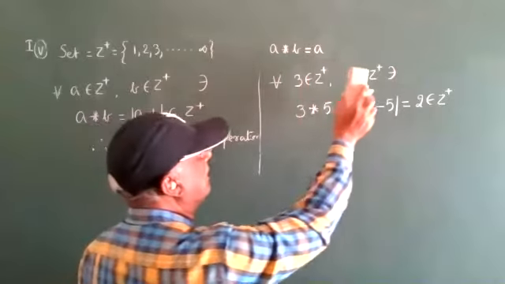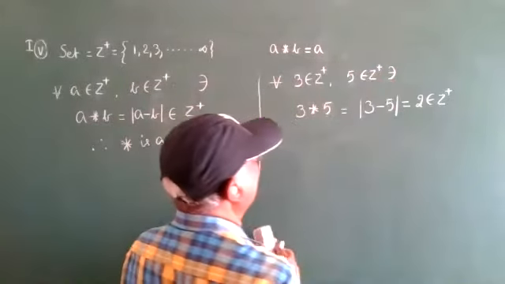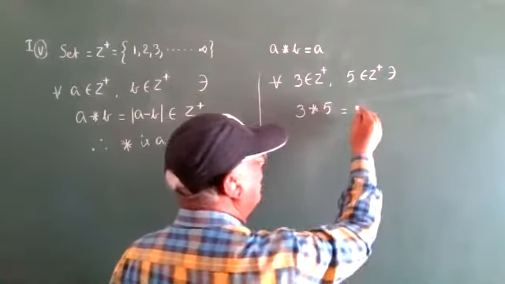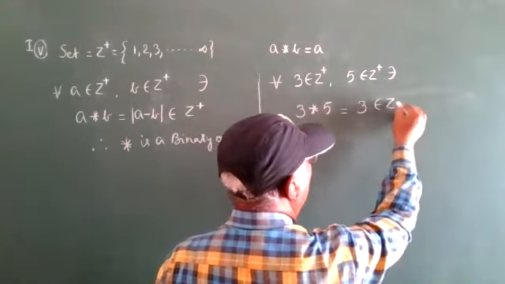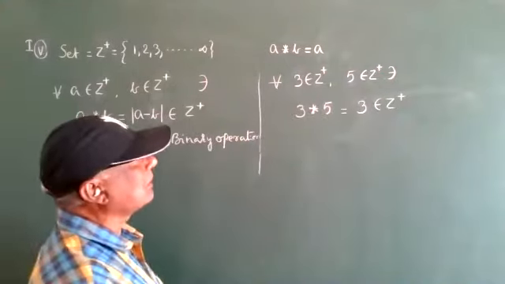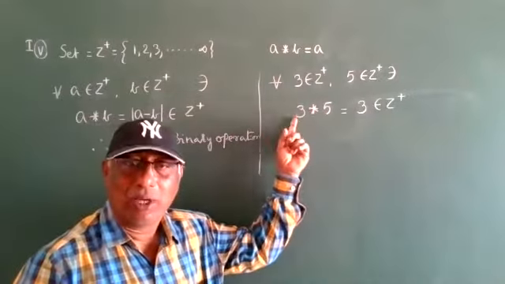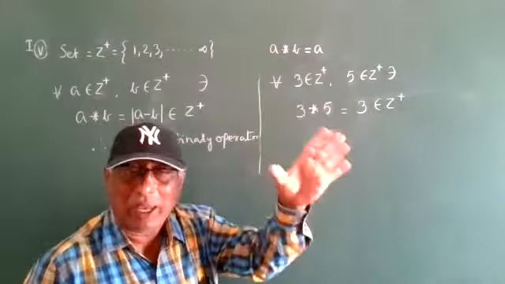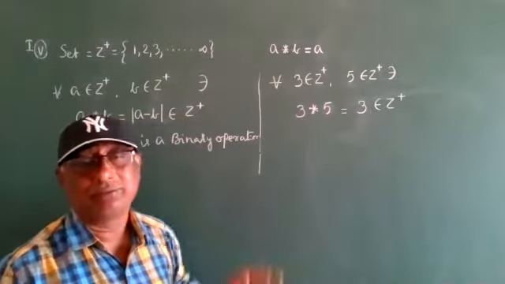3 belongs to Z plus, 5 belongs to Z plus, such that 3 star 5 is 3 into 1, which is 3, also belonging to Z plus. B is not taken, only A should be written down. A star B is equal to A only, so 3 star 5 is equal to 3 only.